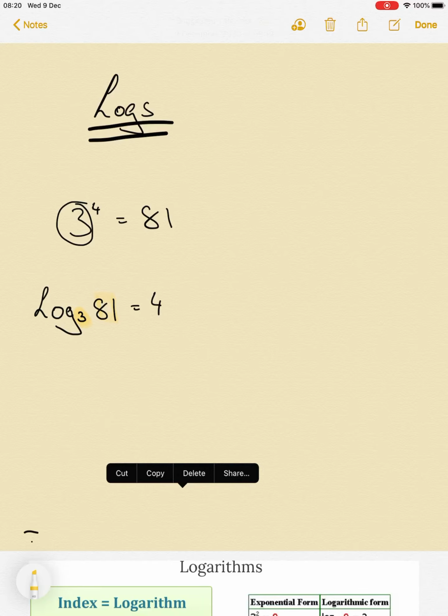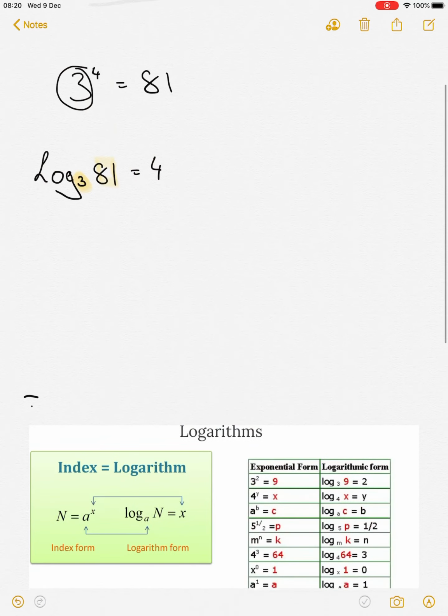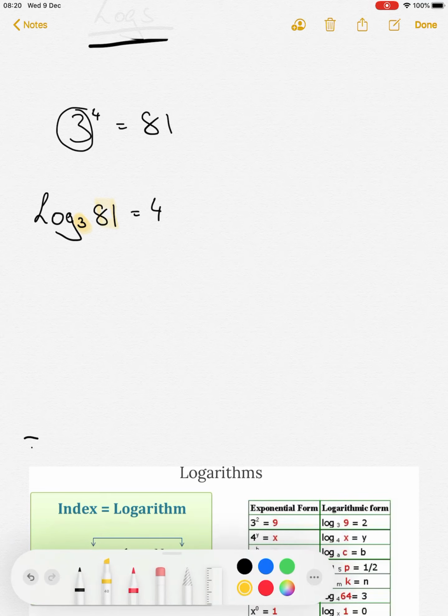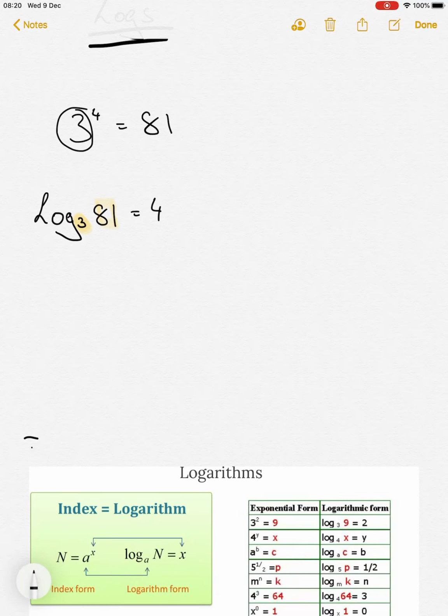So that's what they are. It's just a different way to write indices. And where it comes in particularly handy is this: for the one above, we had a definite answer.